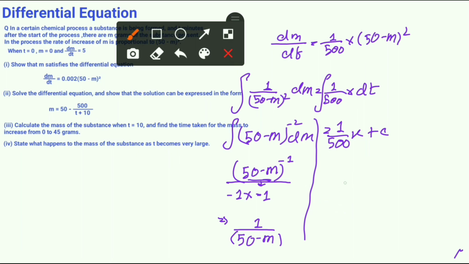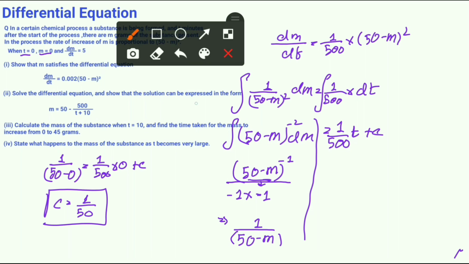Okay, now if I put the values, it's not going to be x, it's going to be t plus c. So t is equal to 0 when m is equal to 0, we're going to put down the value, and it's going to be 1 upon 50 minus 0 is equals to 1 upon 500 multiplied by 0 plus c, and c is equals to 1 upon 50, the constant.